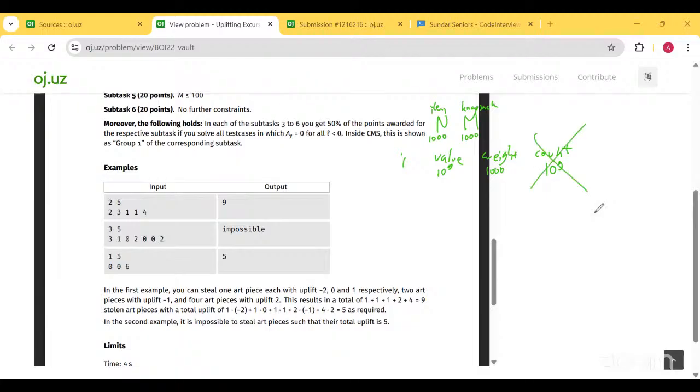If there is no count and the number of items for each type is just one, we can solve it with DP. Is it correct? How do you think?